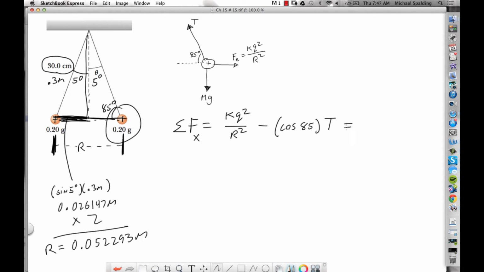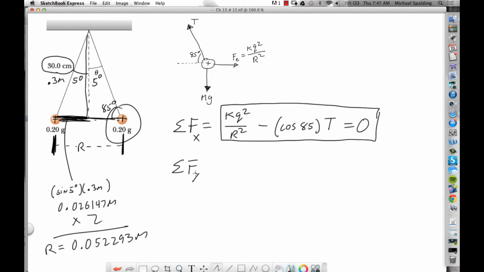Sum of the forces always equals ma, or that would be an x acceleration. But is this sphere accelerating in the x direction, or just sitting there? Just sitting there. There's no acceleration, right? So we can just set this to 0. That's our x equation.